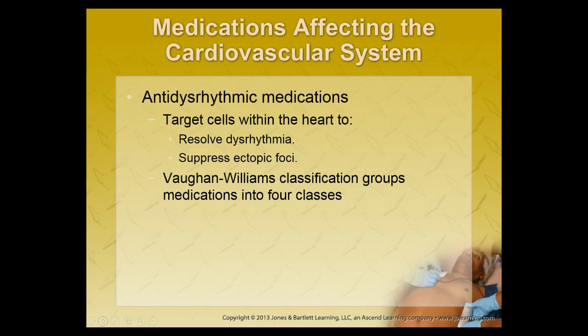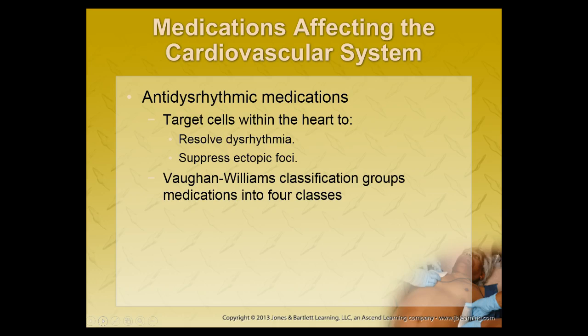The first type are antidysrhythmic medications. These, in various different ways, target cells within the heart to either resolve dysrhythmias or to suppress ectopic foci. And ectopic foci cause extra or out of rhythm beats in the heart that then can become dangerous.